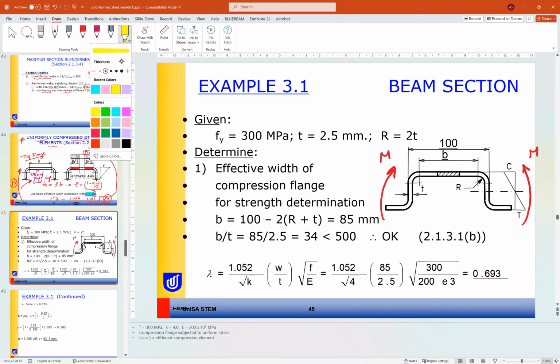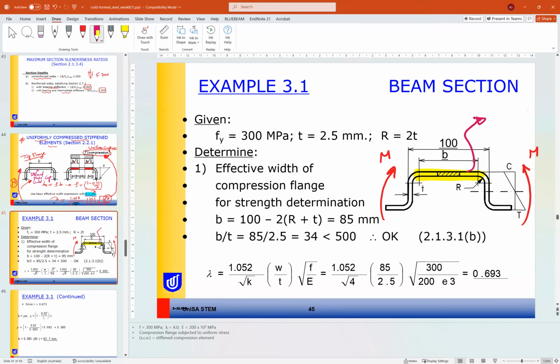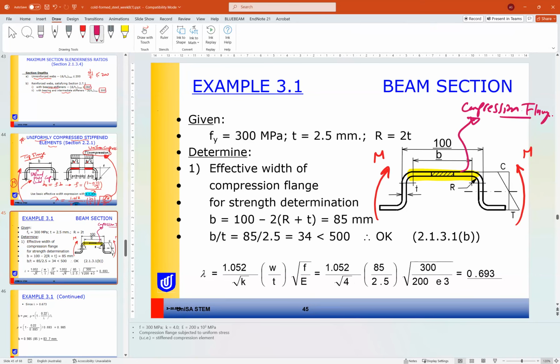The top flange is our compression flange, and the web is under gradient stress. So we have part under tension, part under compression, because the top part will be under compression and the bottom will be under tension.